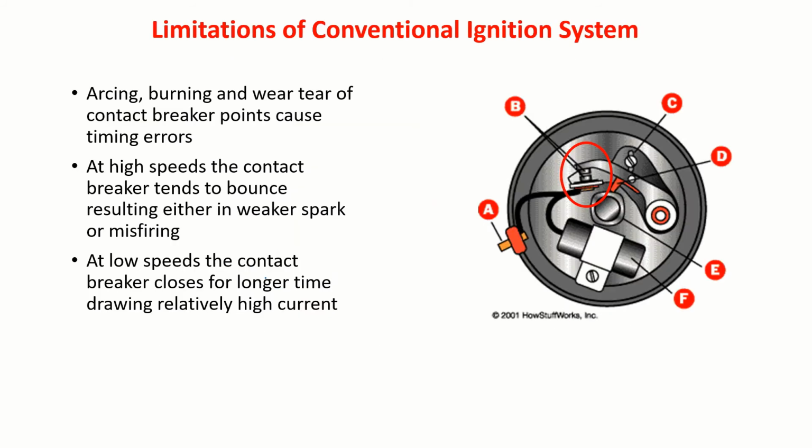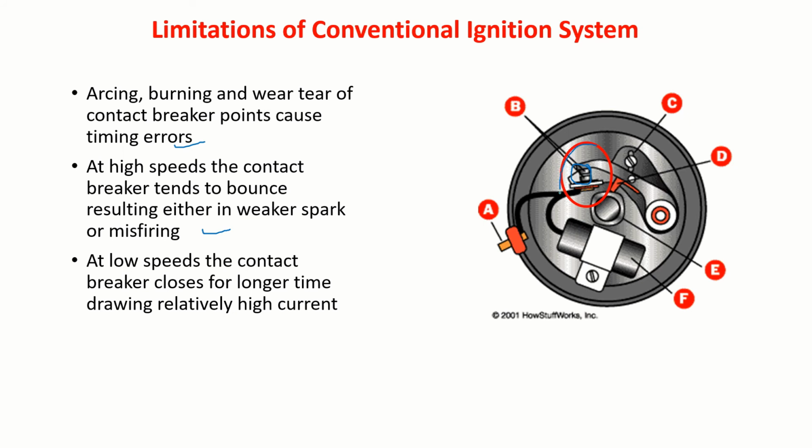Okay, as I mentioned, the biggest problem with the conventional ignition system is in this region. It will erode. Arcing, burning, and wear and tear of contact breaker points cause timing errors. At high speeds, the contact breaker tends to bounce, resulting either in weak spark or misfiring. At low speeds, the contact breaker closes for a longer time, drawing relatively high current.